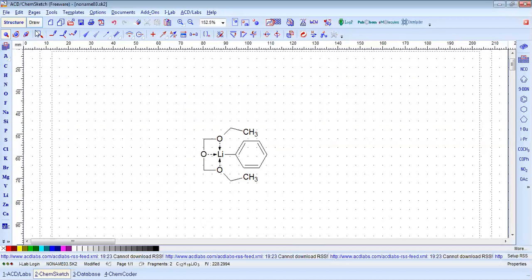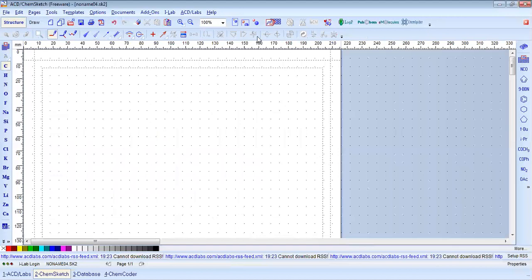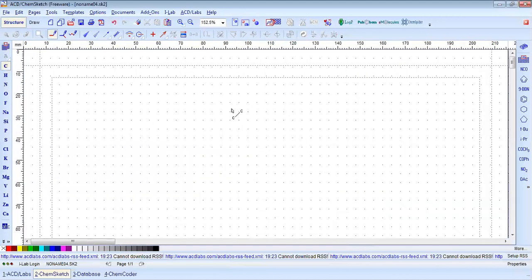Another famous example of a coordination compound is EDTA, or metal with EDTA. So let us try to draw the structure of metal with EDTA. Let's start with smaller units.